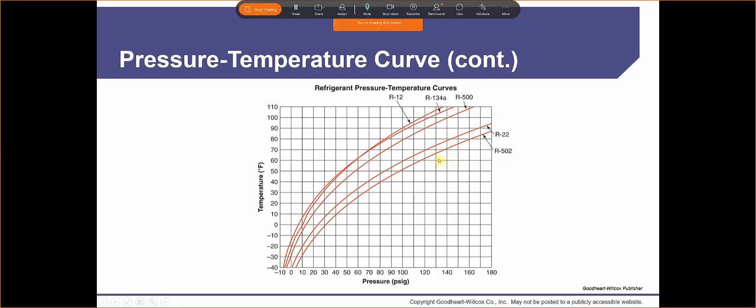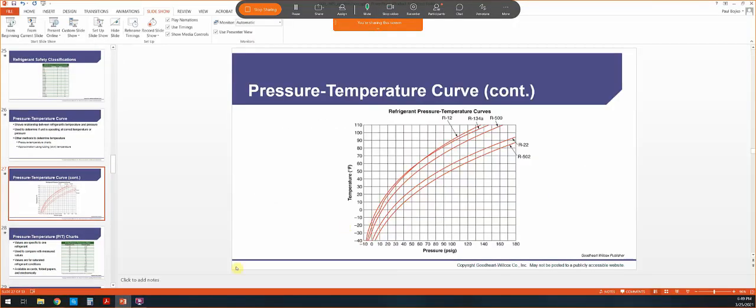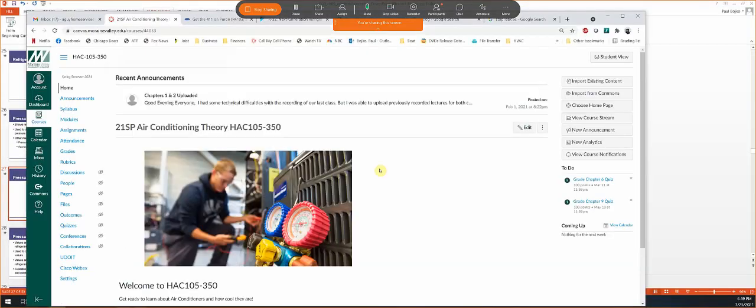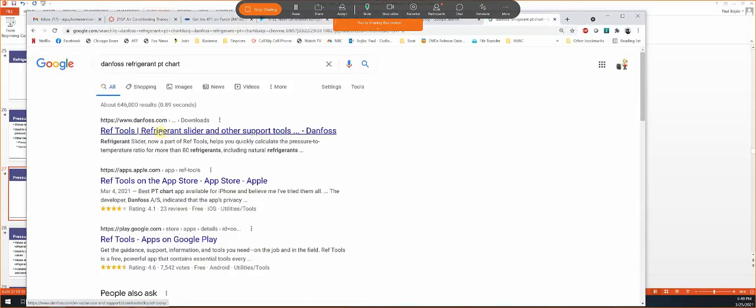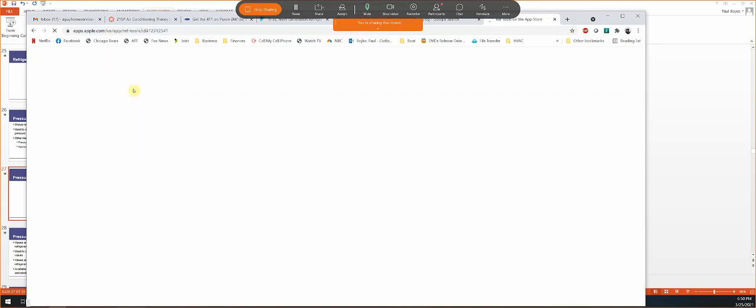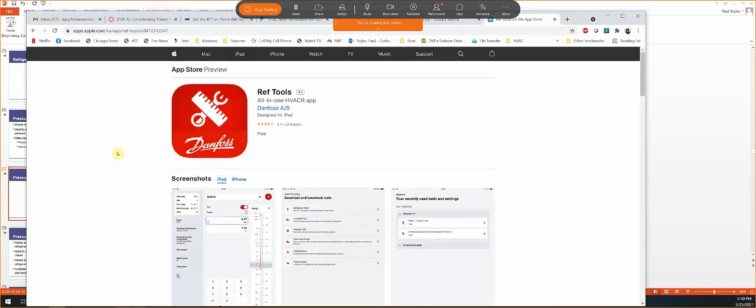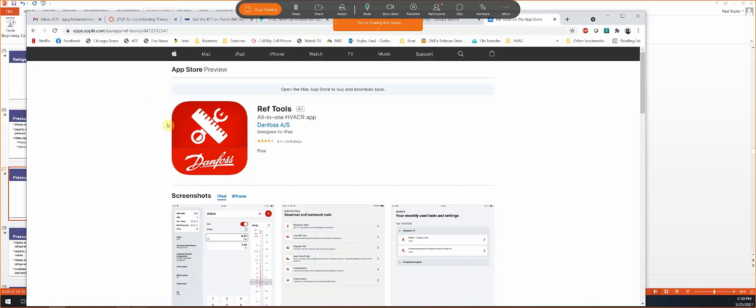So there's actually an app that I use. Let's see if I can pull that up really quick. If you go to the Apple Store or Google Play, whatever phone app store you have, you download Danfoss's Refrigerant Tools.